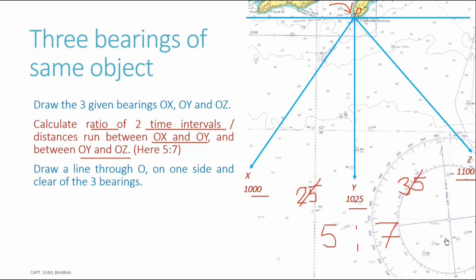So let's draw a line. You can see a line drawn passing from point O. As you can see, this line is clear of all the three bearings, and all the three bearing lines lie on one side of this line.